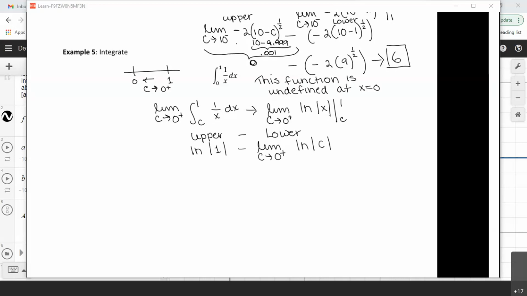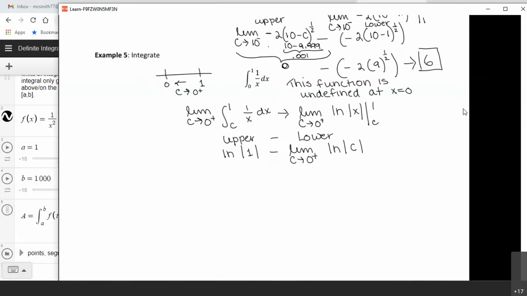So what's happening to ln of c as c gets really, really close to 0, and it gets close to 0 from the positive side?